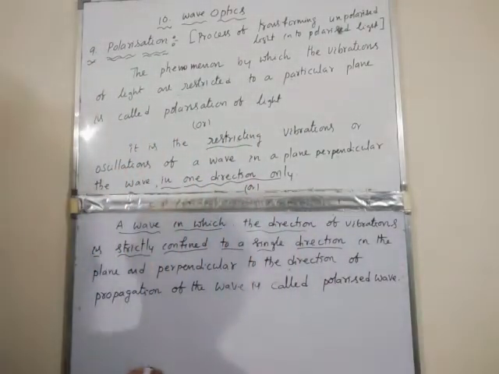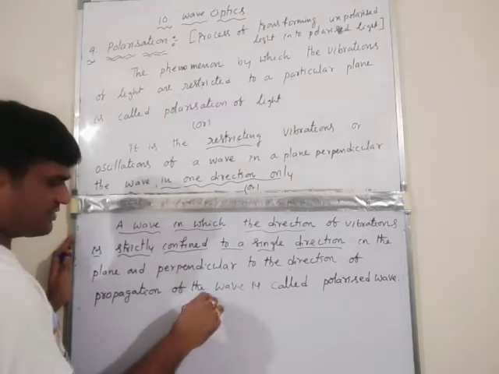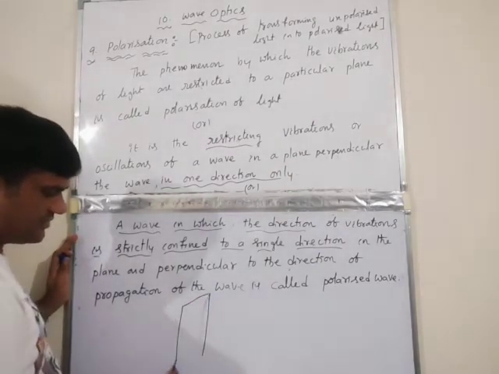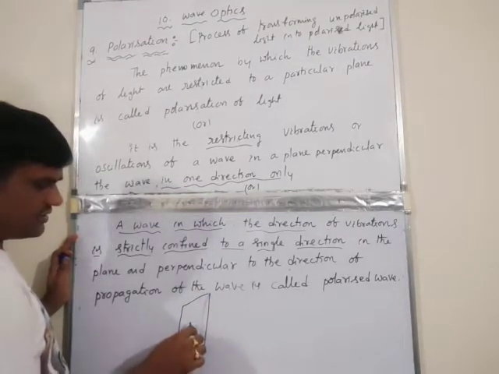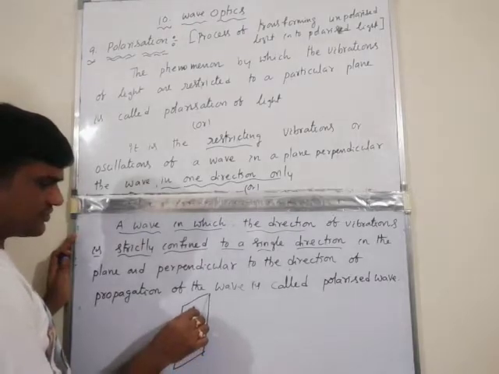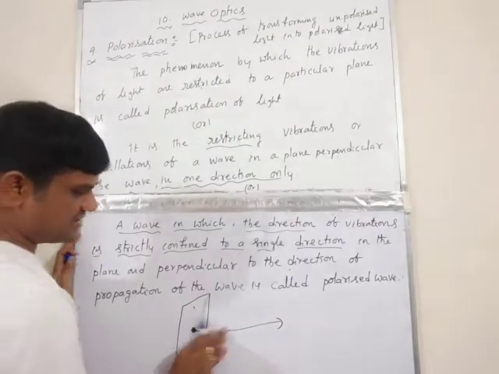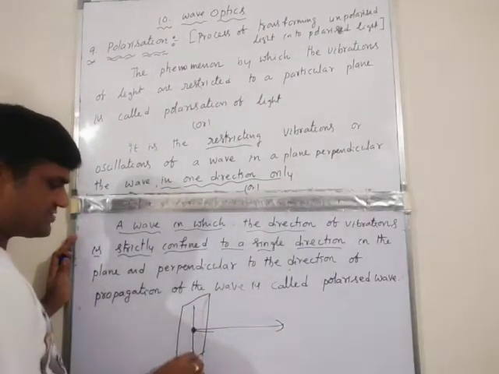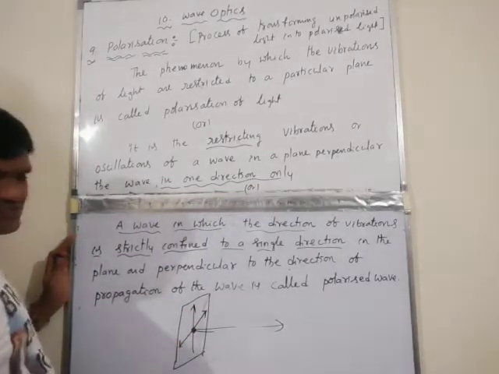So for example, according to Maxwell, he took a plane sheet here, in this manner. Here we have the z axis, y axis and x axis.